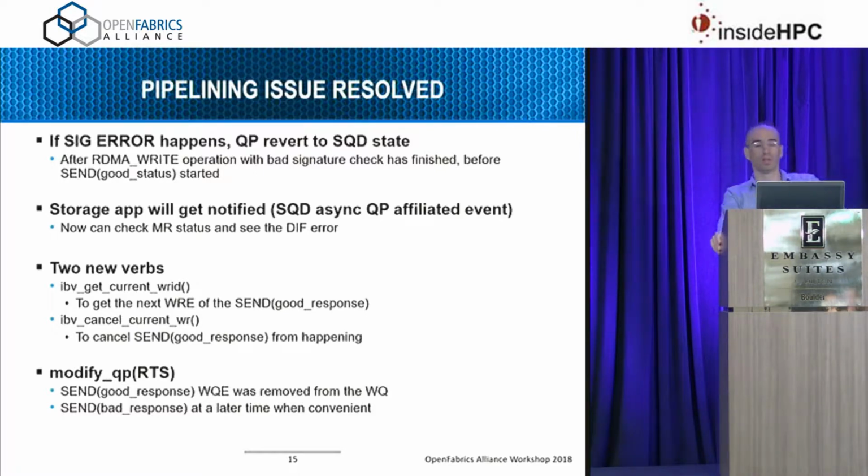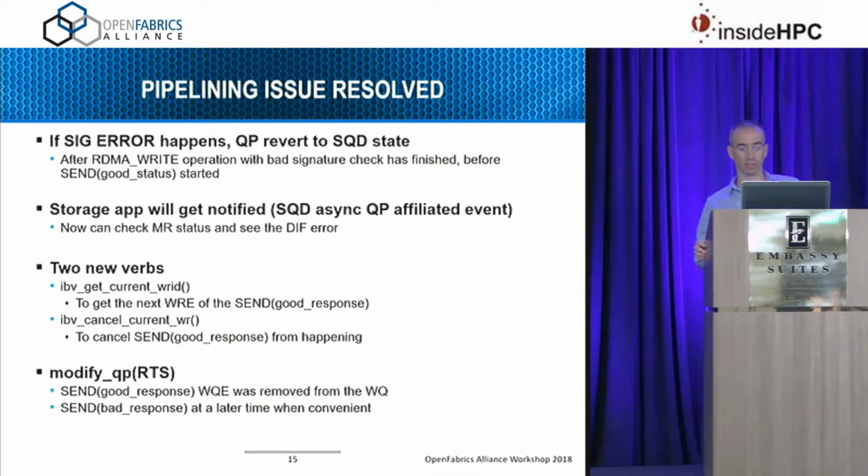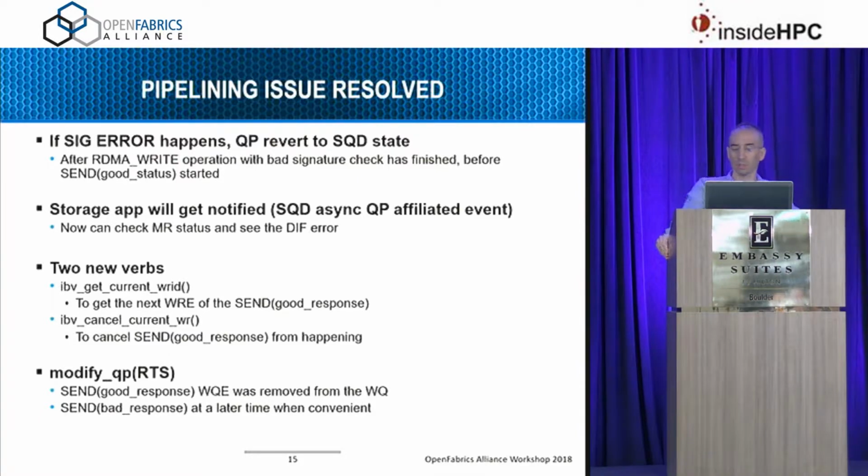In this state, the QP halts work queue element processing and basically generates a QP affiliated error or notification event, which tells the application your QP moved to a send queue drain state and stopped processing work request elements. And for the application to handle such a case, we've added two verbs, the IBV get current work request ID and cancel work request ID.